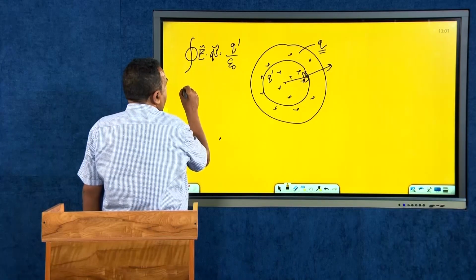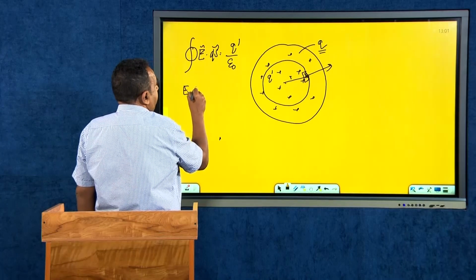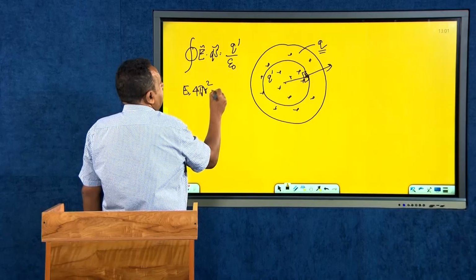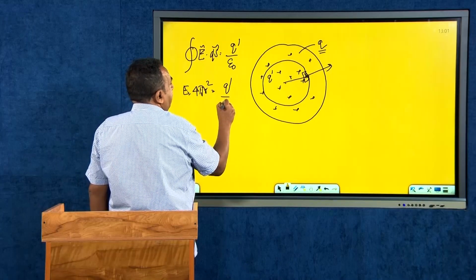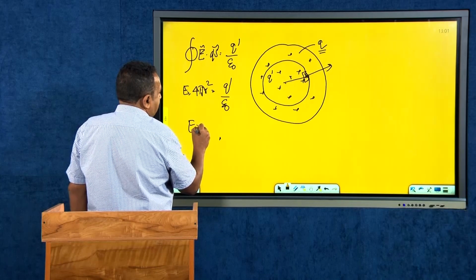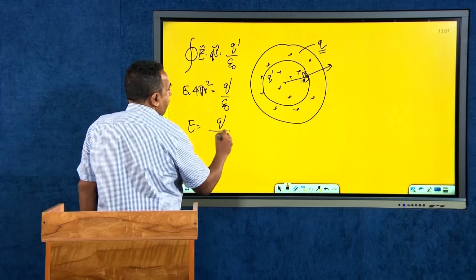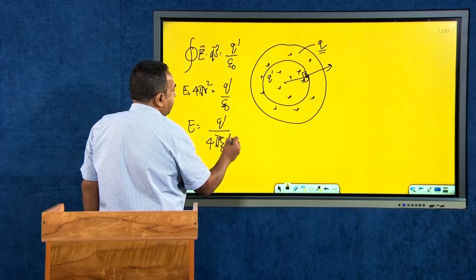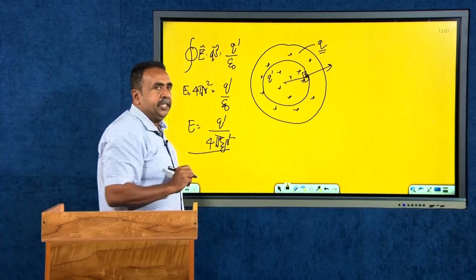The same equation comes, just like for a point charge, just like for a point outside the sphere, given by q prime by epsilon 0. Therefore, the electric field is q prime divided by 4 pi epsilon 0 r square. This is an unfinished result.